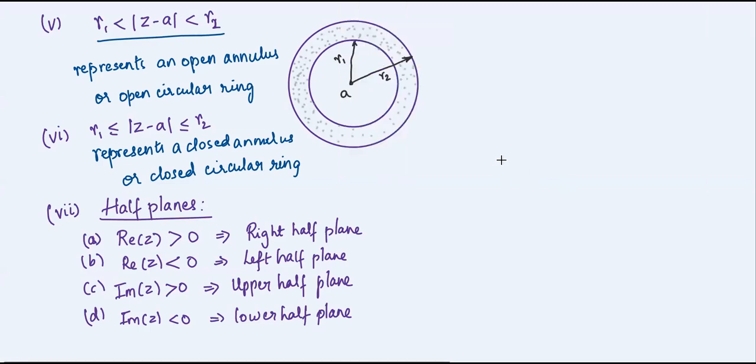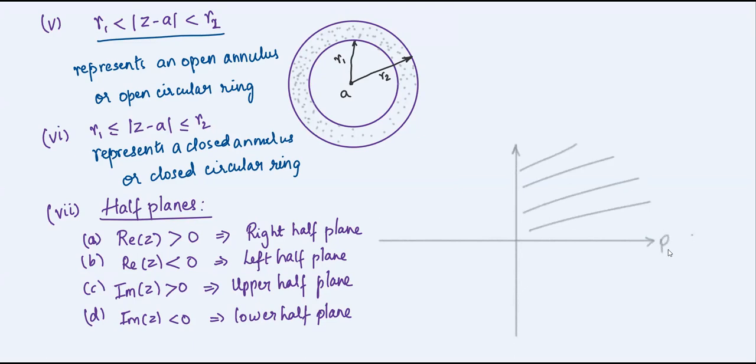So we know this, so this portion, this is real part of Z. Real part of Z is plotted here. Imaginary part of Z is plotted here. So real part of Z greater than 0 represents all points to the right of the imaginary axis.